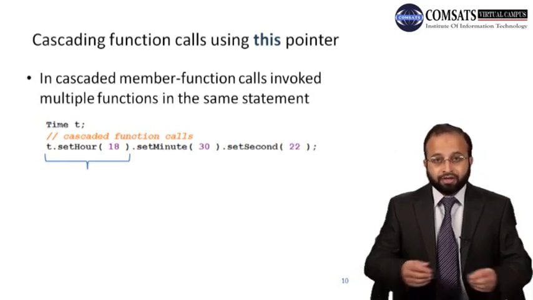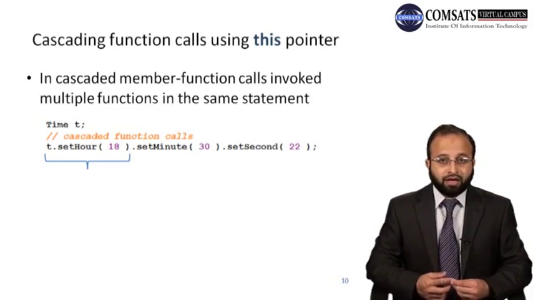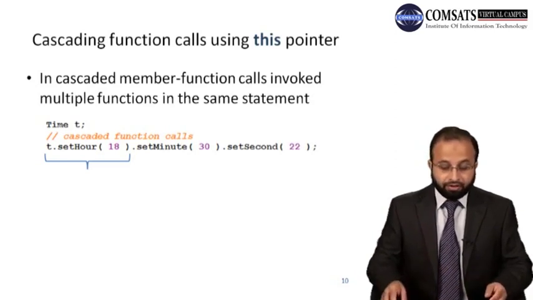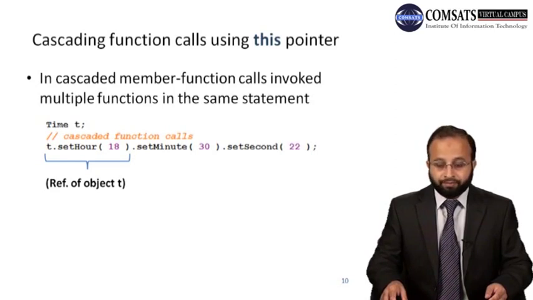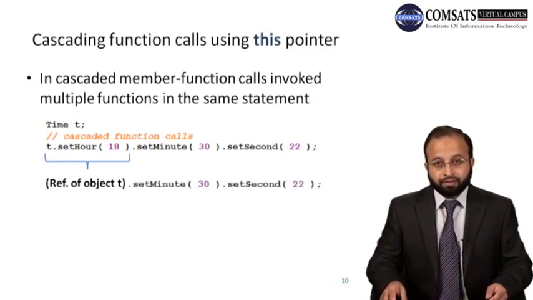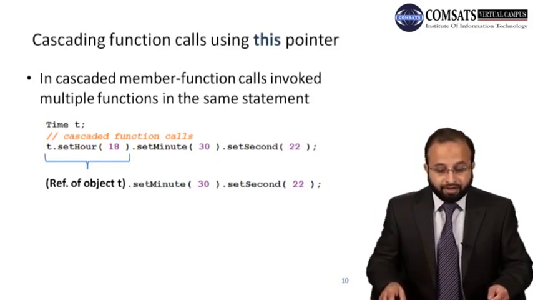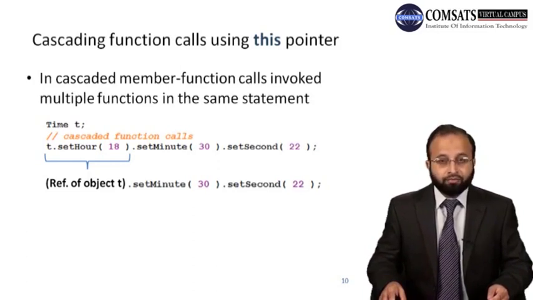The object t has three private data members: hour, minute and second. So setHour will set the hour of object t, and then it will return the reference of object t. Now using that reference, the other function is called, that is setMinute. setMinute is called with the reference of the object t, so it will set the minute of object t.